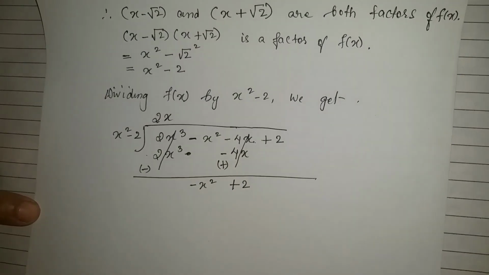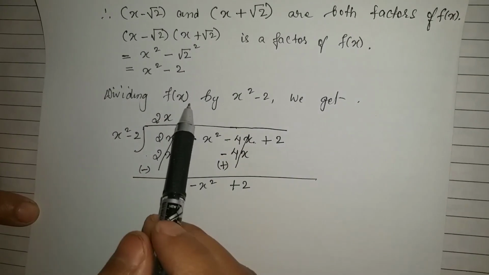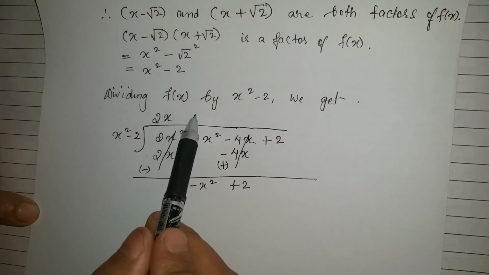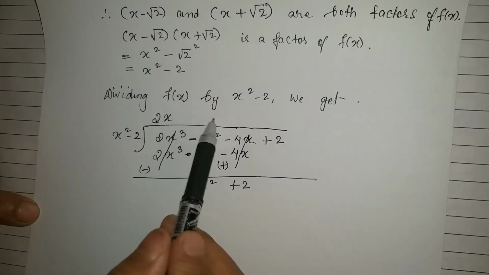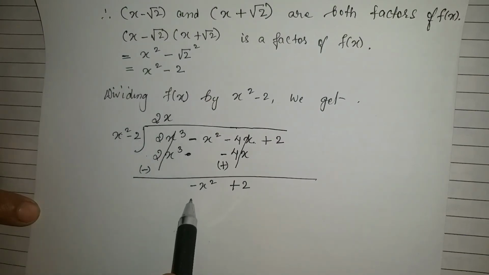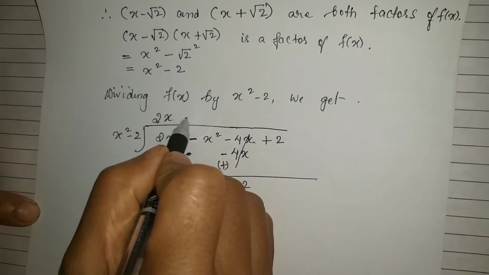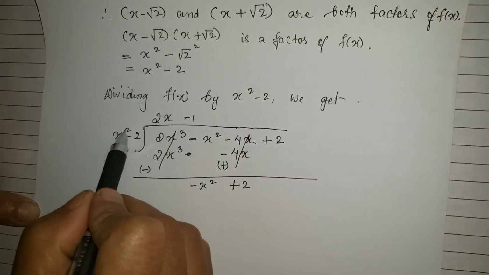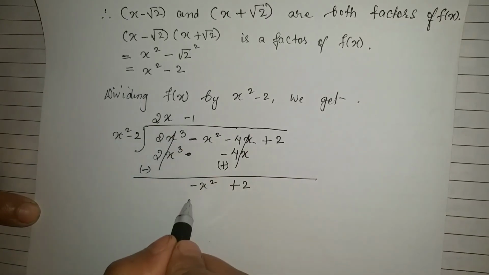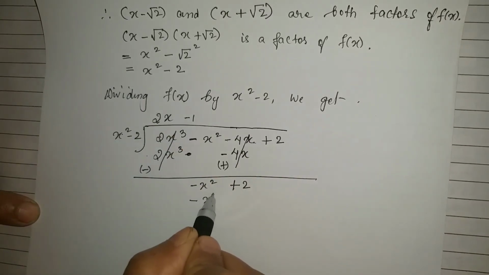We'll come to the next step. In the next step, we will find a term in the quotient where if we multiply that term with x square, we should get minus x square. So if we take minus 1, then x square into minus 1 will give minus x square.